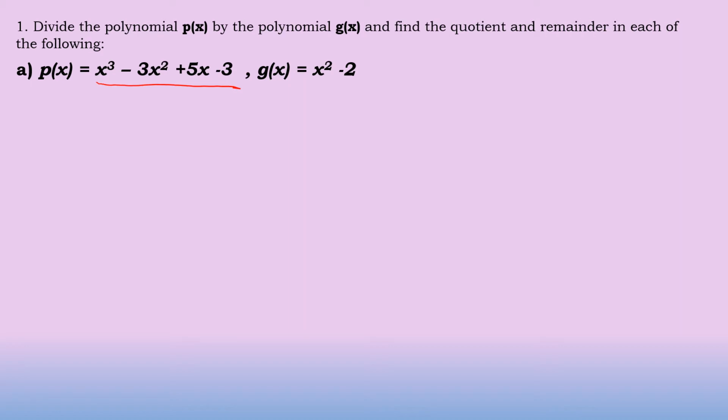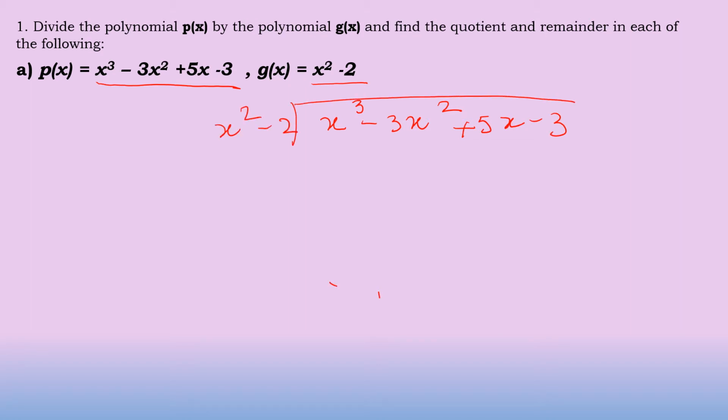Even the divisor g of x is also in the decreasing order of their degrees. So let's get started with our division. So our dividend is x cube minus 3x square plus 5x minus 3. We are dividing it by x square minus 2.